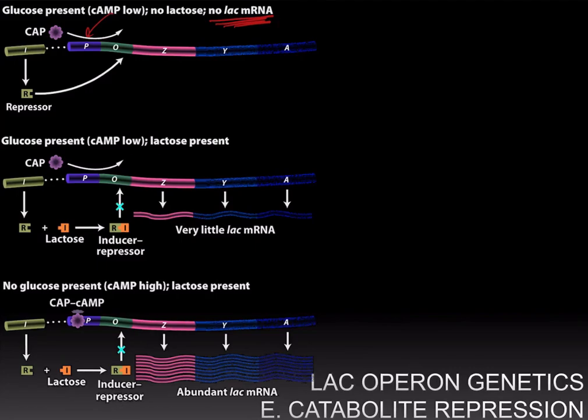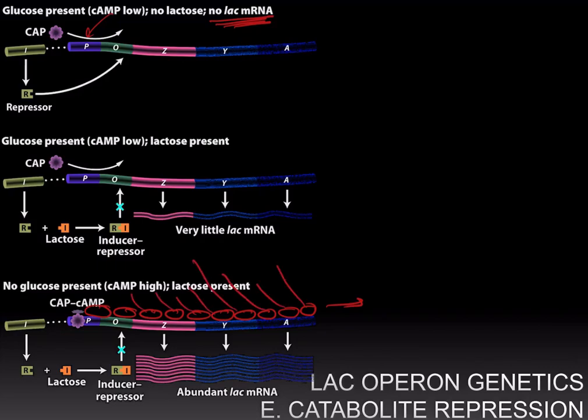And the picture may look something like this. Lots of polymerases will be running along the gene one after the other, making lots of transcripts, and that results in a very high expression level.